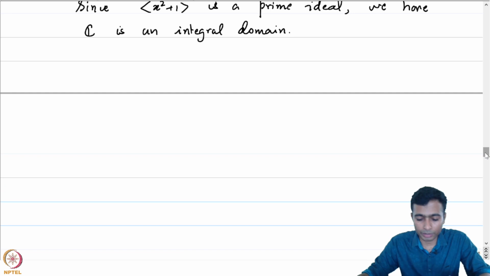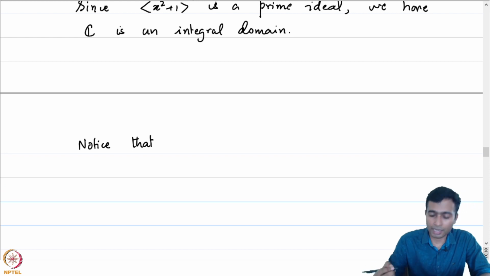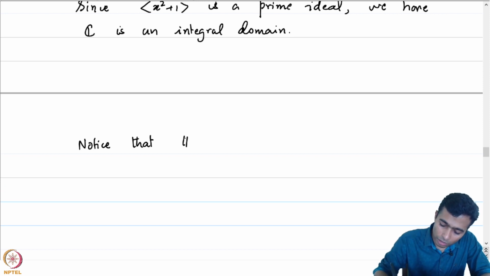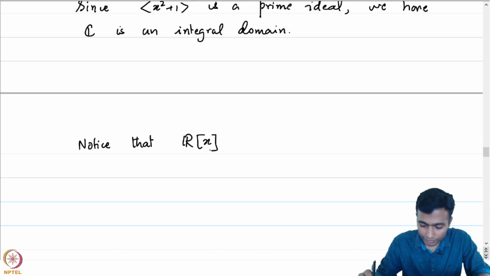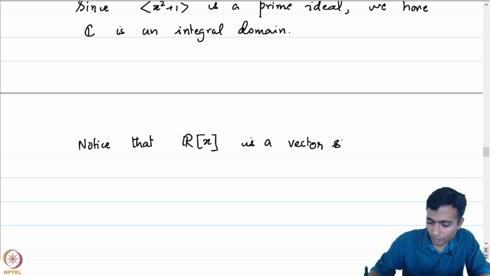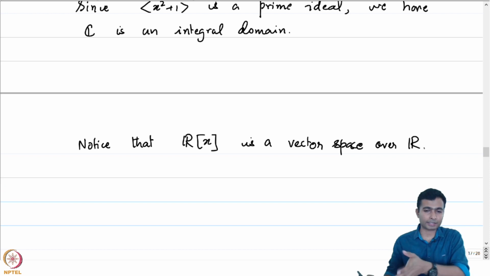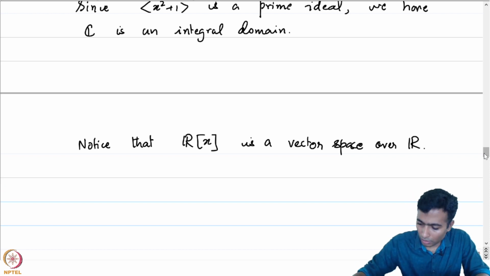But before we get into that, notice that R of x contains R as a subfield, right? There is a copy of R sitting inside it. So notice that R of x is a vector space over R, with generating set given by 1, x, x square, and so on.